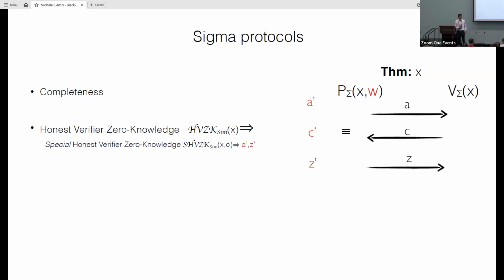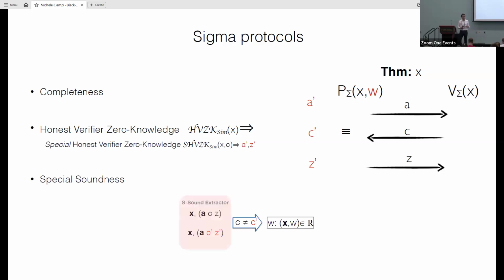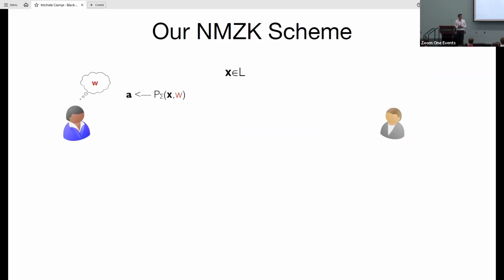And we have special soundness, which means that if you have two accepting transcripts that share the same first round, but they have different second rounds, which I'm going to refer to as the challenge, okay, so if you have different challenges, then you can extract the witness for the statement X that was proven to you. Okay, now that we have these two tools, I can show you how the scheme actually works.